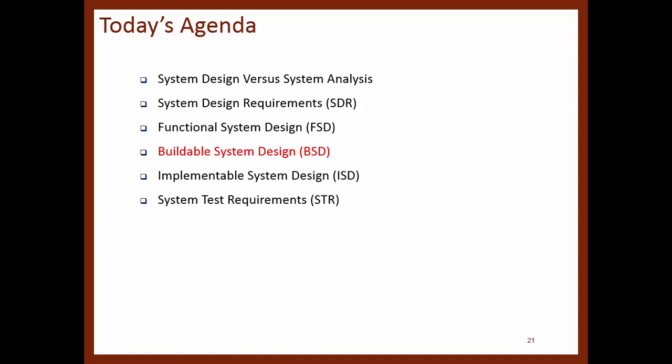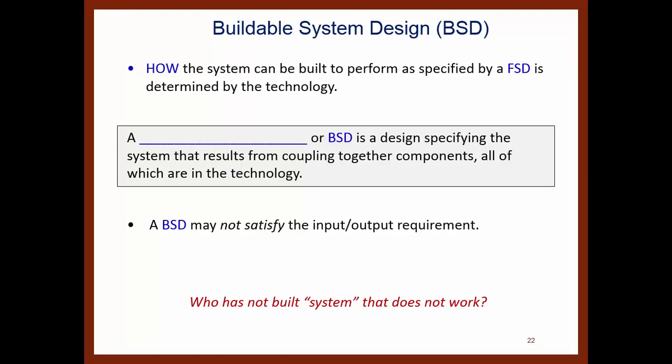We can transition now, when we take into consideration the technology, into a buildable system design, which specifies how the system can be built to perform as specified by the functional system design, as determined by the technology. A buildable system design is a design specifying the system that results from coupling together components, all of which are in the technology. A buildable system design may not satisfy the input-output requirement.